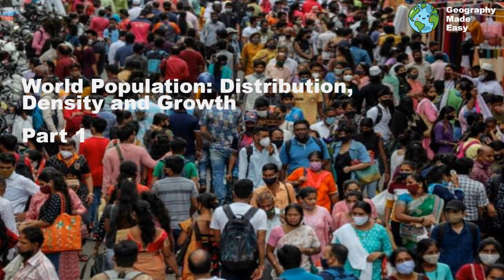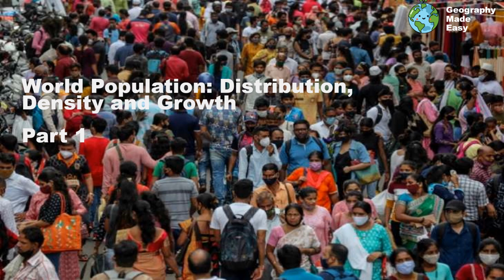So the first question which comes to our mind is, what is the meaning of population? Population is the number of persons or people residing in a particular place. Here we are talking about human population, but population can also be measured for other living species as well.